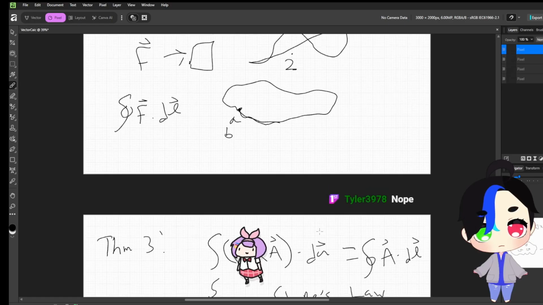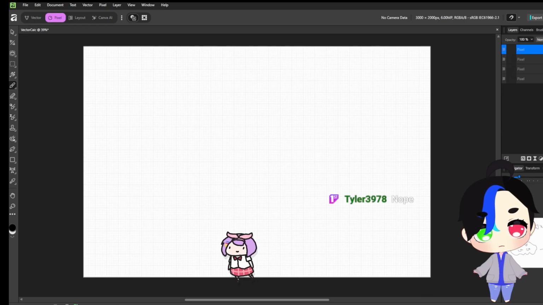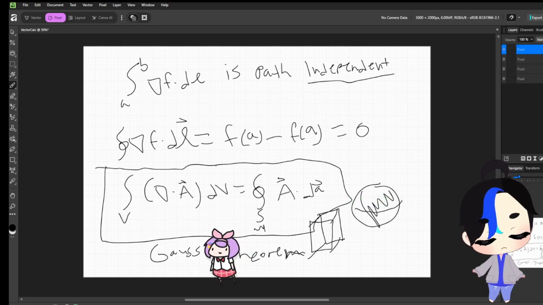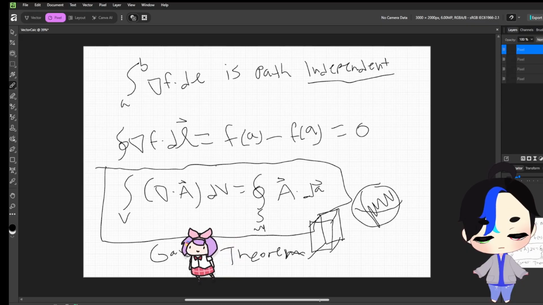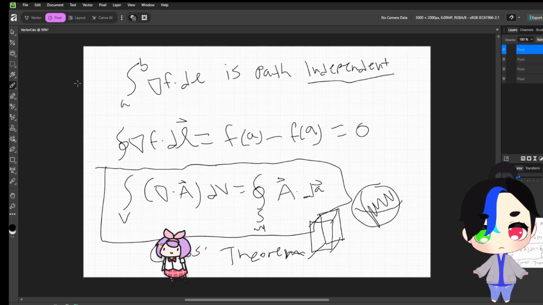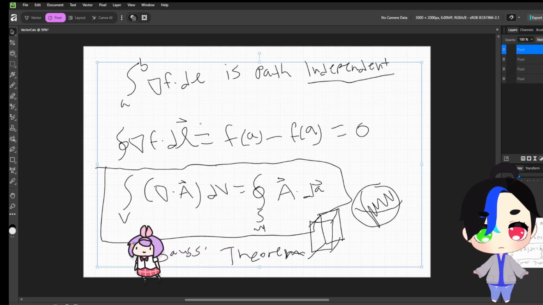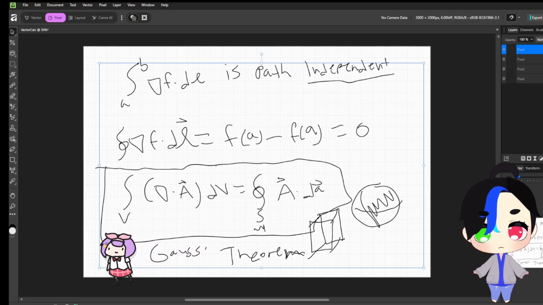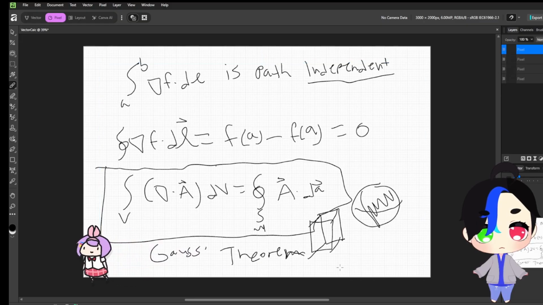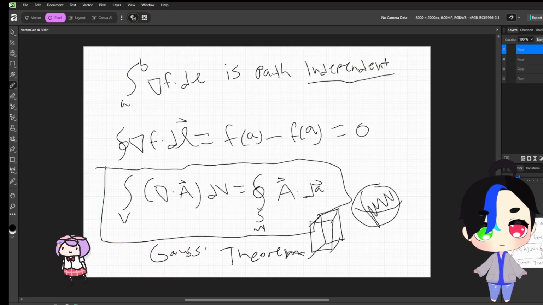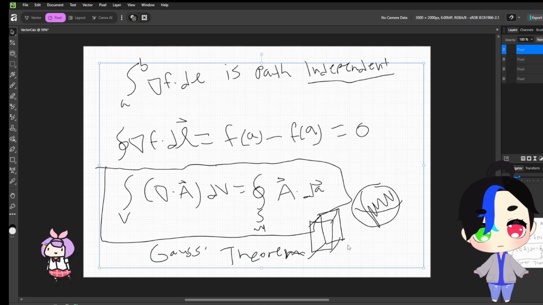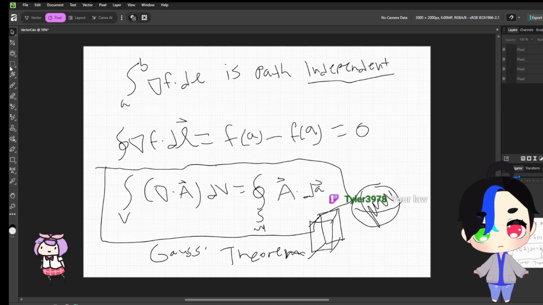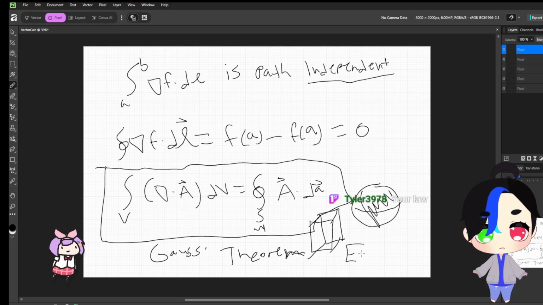Oh, that is this one. Gauss's law is very useful. Oh, come on, let me write.